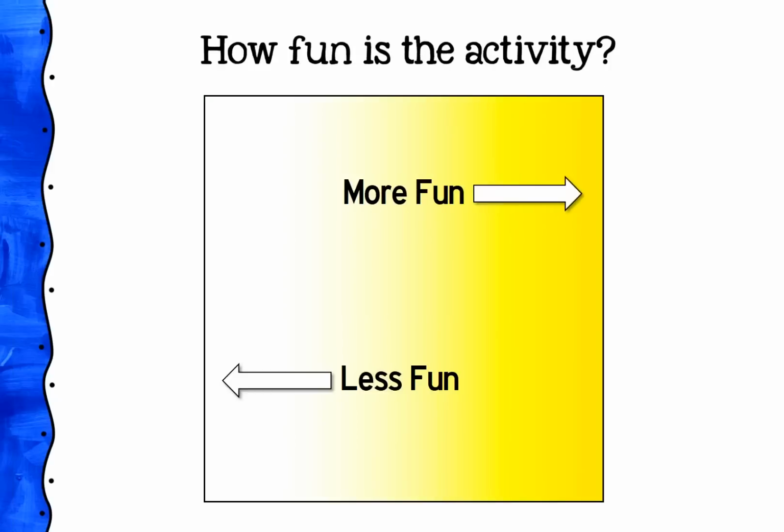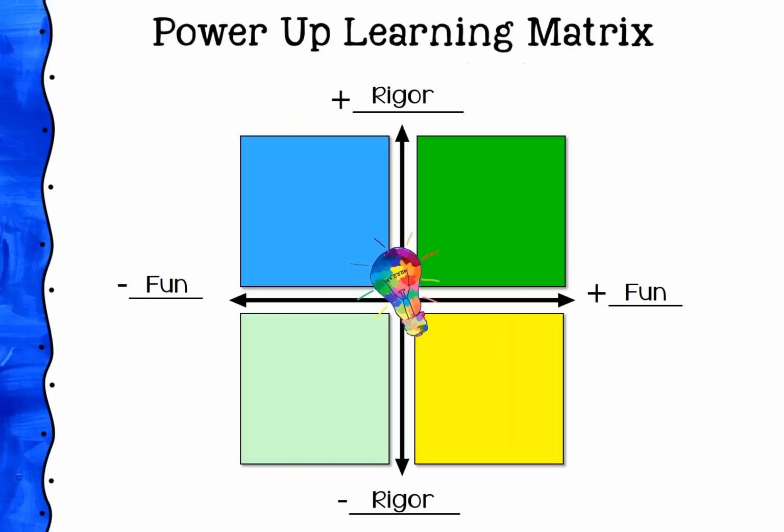And if you look at fun in a box this way, an activity that's more fun is on the far right, less fun is on the far left, and then you overlay those and you come up with a matrix. Thinking about blue and yellow making green, this is sort of how I pictured it in my mind. There are 4 types of activities dealing with how rigorous or how fun they are.